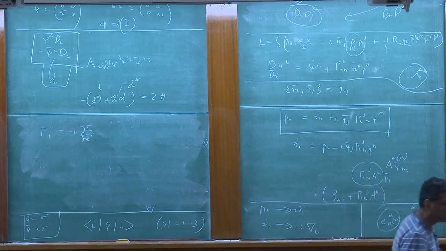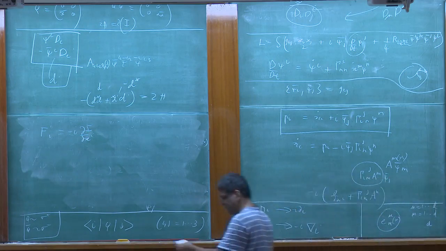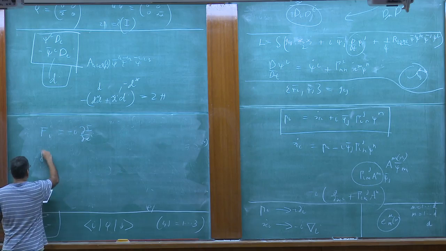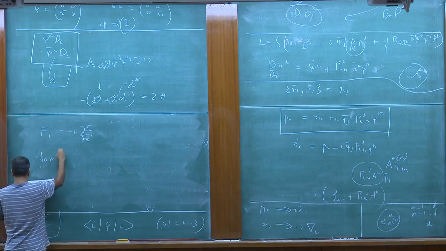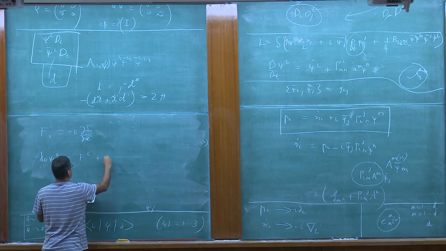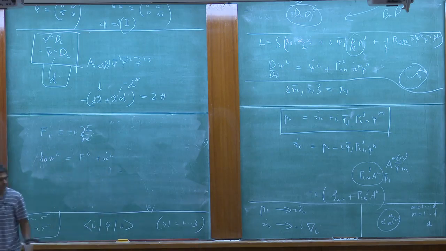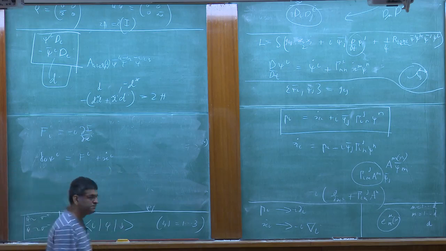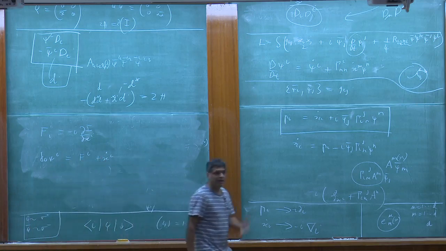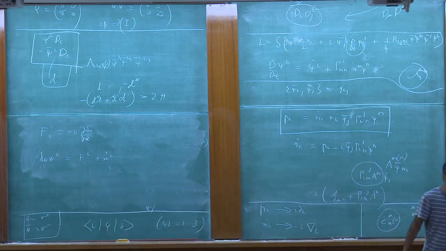F_i was this object, and we also found that our supersymmetry transformation rule was δ_θ ψ^i equals F^i plus ẋ^i. Let us remember that this was the key supersymmetry transformation, the one that helped us nail down the supersymmetry transformation properties.